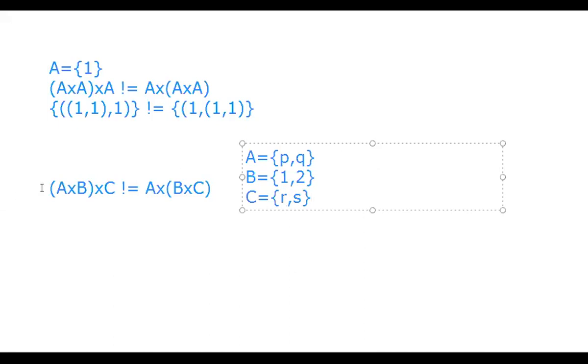You have to prove that (A cross B) cross C is not equal to A cross (B cross C), taking A as the set {P, Q}, B as {1, 2}, and C as {R, S}. I will also do it simultaneously with you. Don't worry.